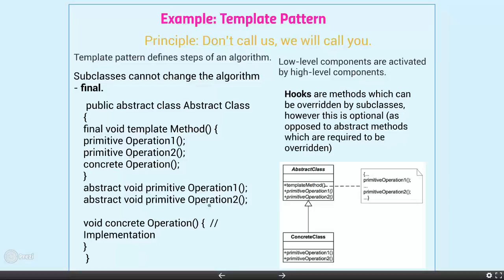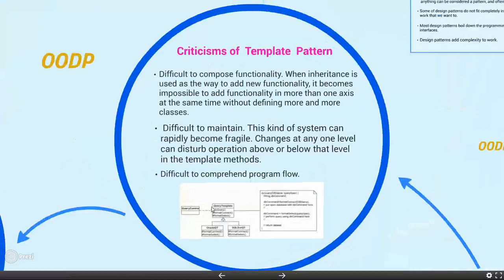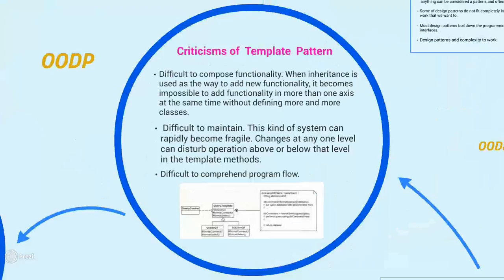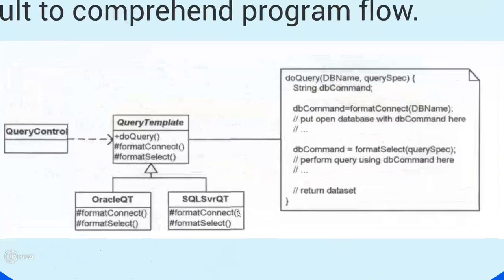So let's see, here we also have another diagram that shows the template method. Here it's a little more explanatory. We have a doQuery method that contains a formatConnect and also a formatSelect method. These child classes, or concrete classes, will implement these two methods, but each one implements a different scenario.